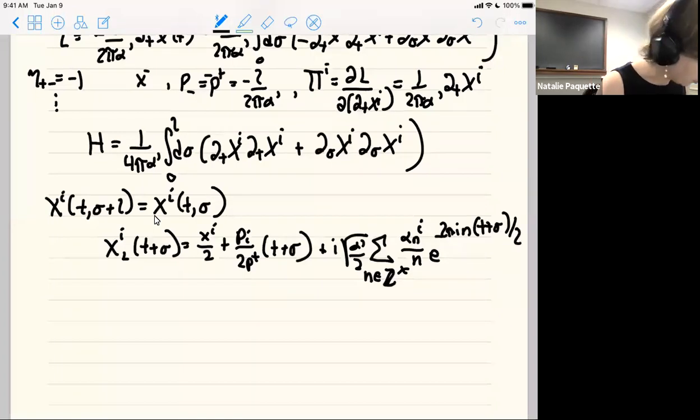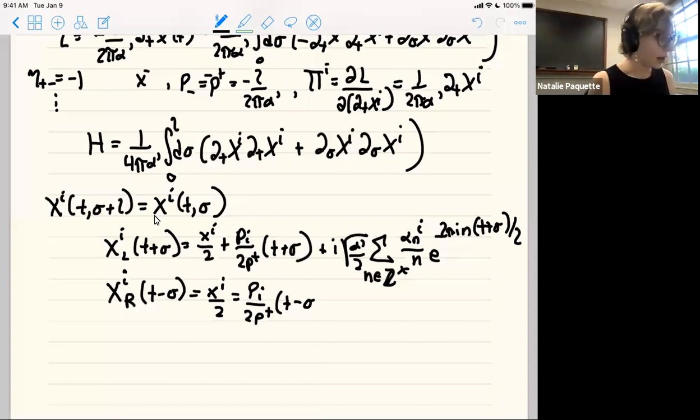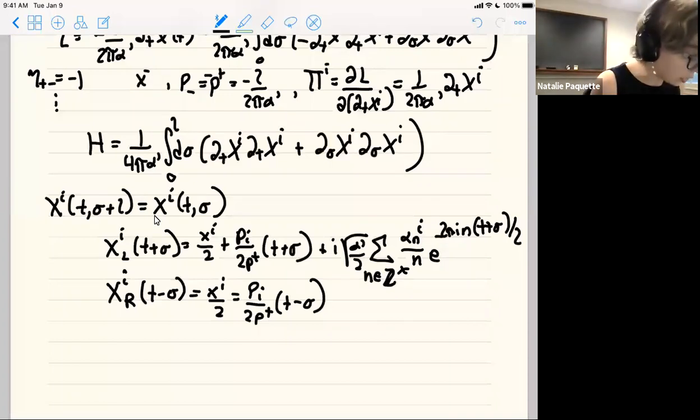But we have our familiar and beloved mode expansions for the scalar fields. It includes the first two terms, which are the center of mass position and momentum terms, which are equal to one another by the periodicity constraint on the closed string.